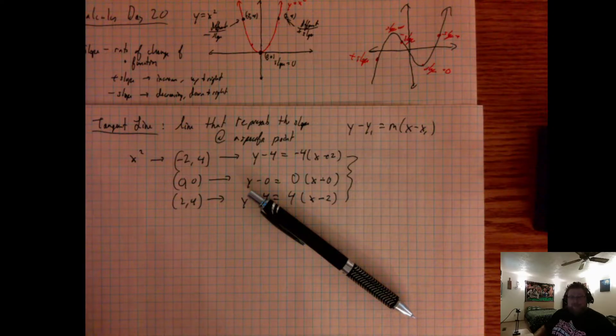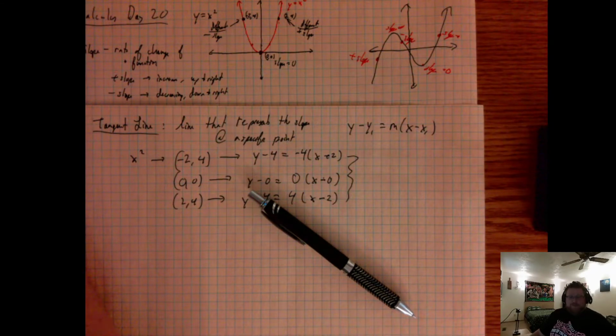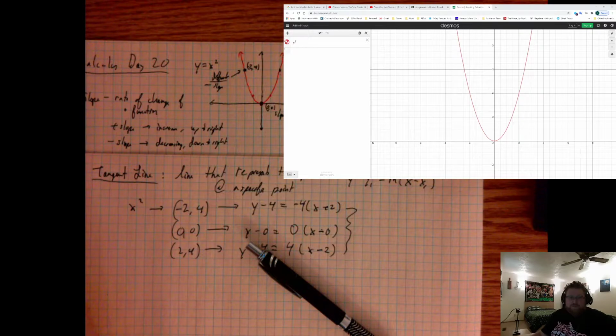That's exactly what happens. Let's pull open Desmos. Okay, so I have Desmos now open. Let's look at this first line, which we have as y minus 4 equals -4 times x plus 2. Oops. I don't know what happened there. What happened?